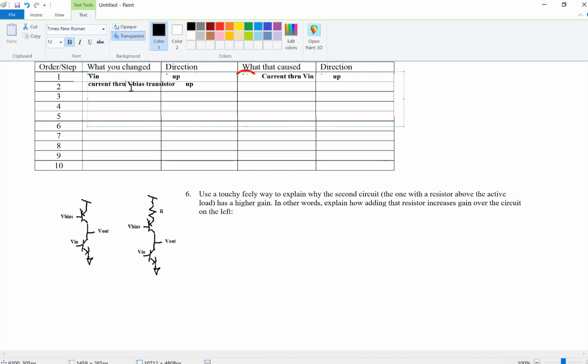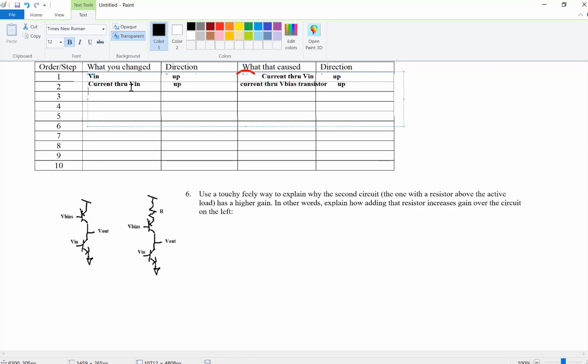Oops, I guess I've got to copy that. Current through Vin transistor goes up. That makes the current through the Vbias transistor go up.